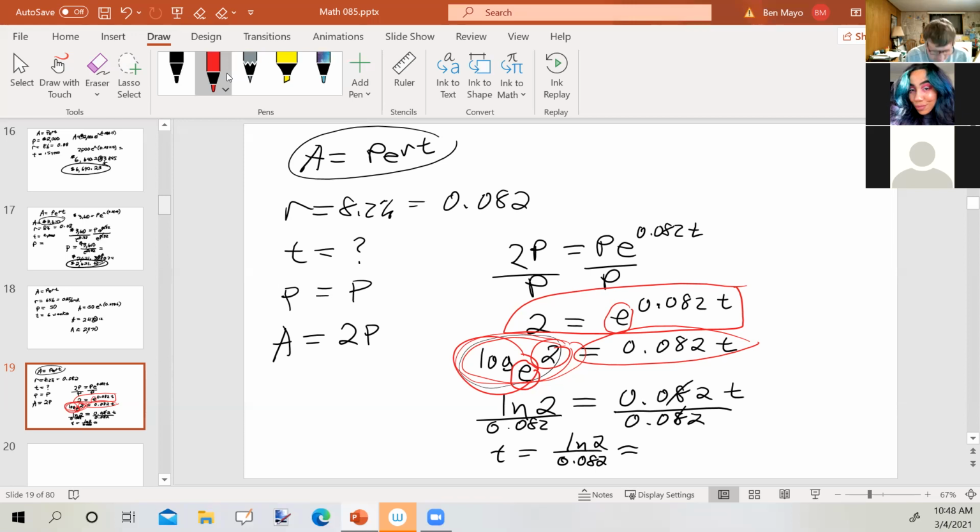Now let's put that in our calculator. Natural log of 2, make sure you don't push the log button, divided by 0.082. Oops, I forgot to put the 2 there. And I get 8.453014397, and so on.